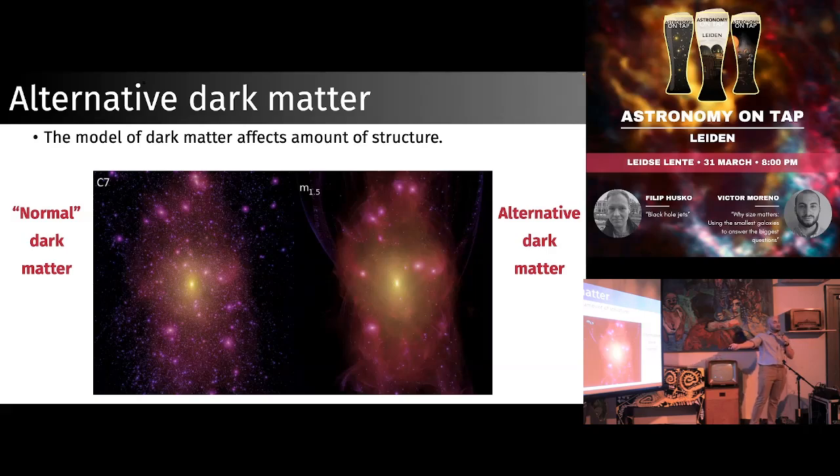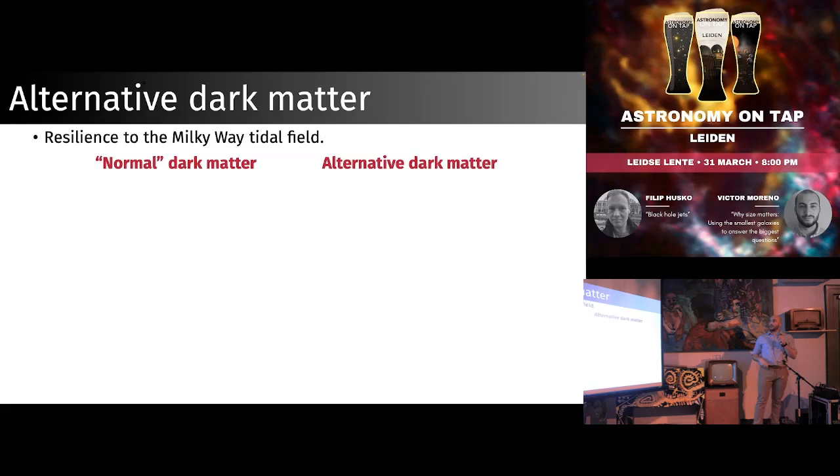But then if you change the model of dark matter, what you can see is that many of those smaller clumps have vanished, right? So disintegrated. And only the most massive of them remain. And because dark matter halos host galaxies, you might expect that you would have fewer satellites and fewer galaxies in the right-hand model compared to the left-hand model. So that's something that we can look out for.